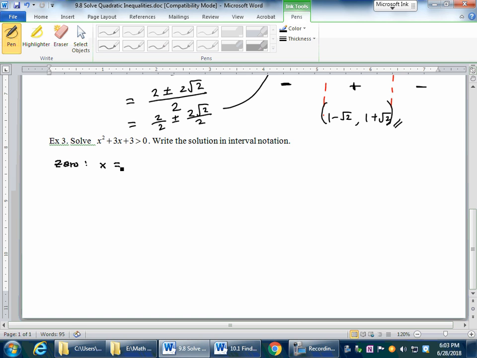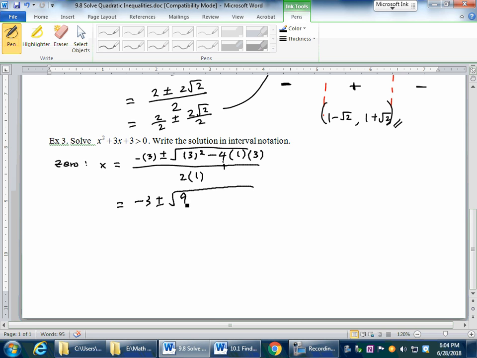So x is equal to minus b plus or minus square root of b squared, which is 3 squared, minus 4 times a times c, all over 2a. This gives me -3 plus or minus square root of 9 minus 12 over 2, which is -3 plus or minus square root of -3 over 2.